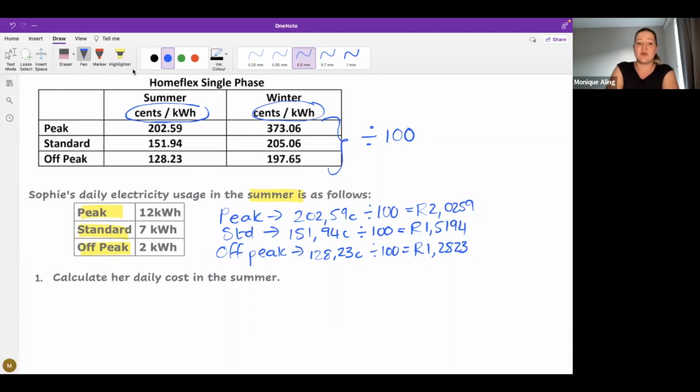I also told everyone to pay attention because the money was given in cents per unit. And then, yeah, we had to work out how much it costs to use that amount of electricity over all the times.